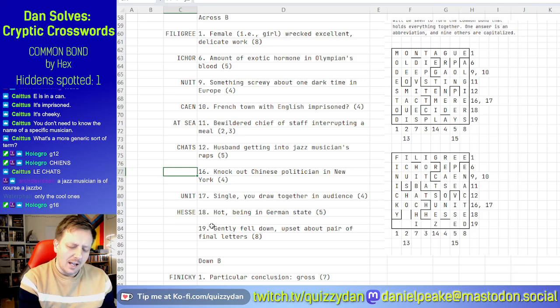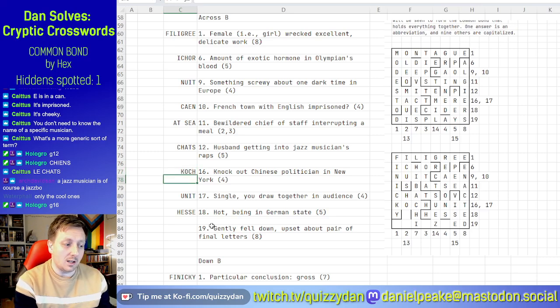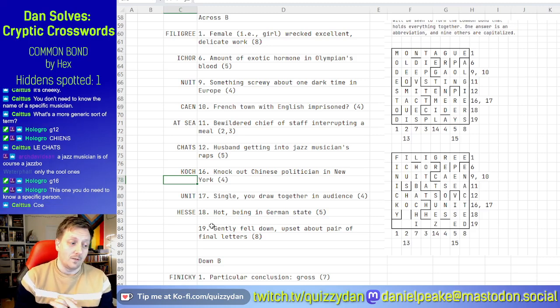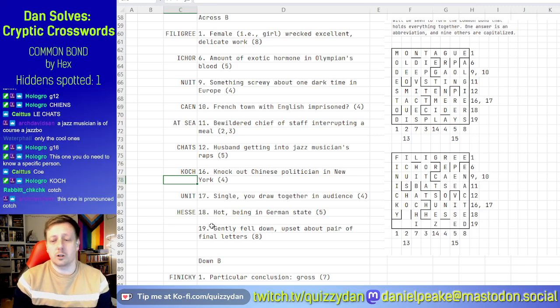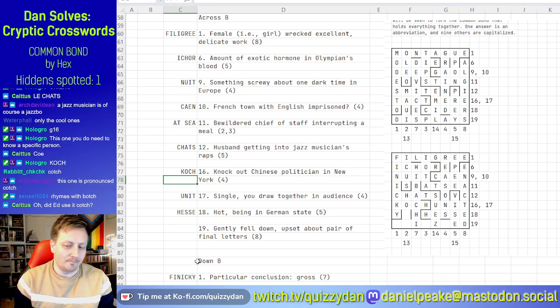Is it said Coke or is it actually said cock? I'm assuming it's not, but I don't know. Please tell me how it is said. It's said co. Knockout is KO. Chinese is CH. Politician in New York. Co. Koch. I'm getting all sorts of things now. Koch. Okay, rhymes with botch. There we go.